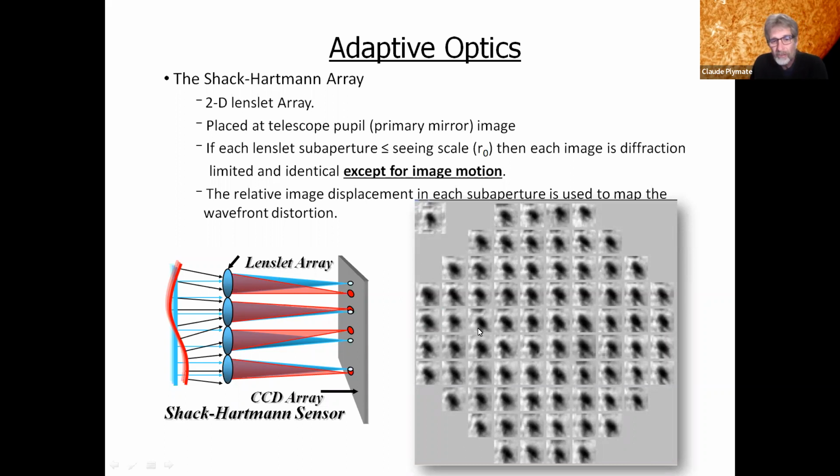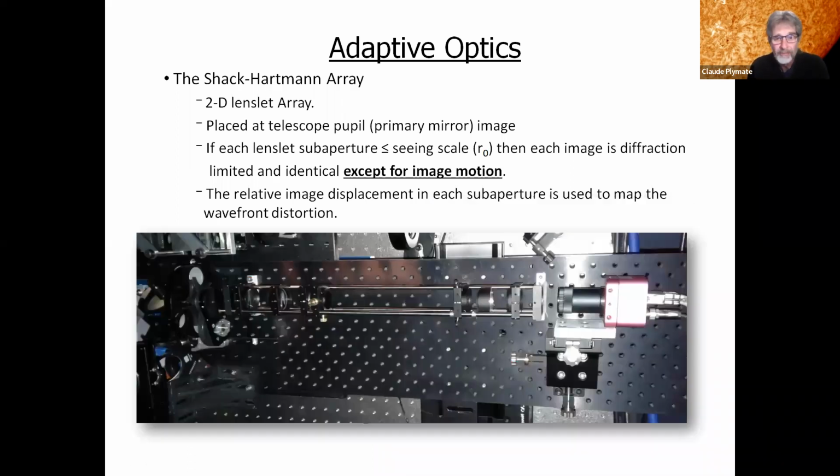Down here, the sunspot is displaced lower, and maybe here to the left a little bit. That is compared to a reference subaperture. What is typically done is that one subaperture near the center is recorded and saved, and used to compare against each subaperture to then remap or reconstruct the wavefront distortion.